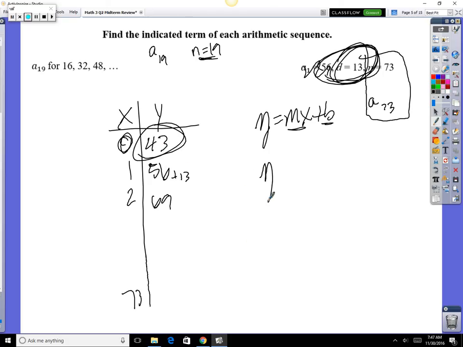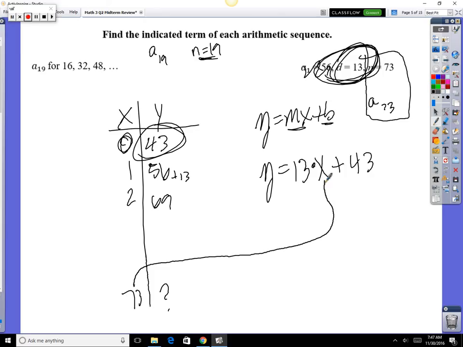So your formula to find all the x's and y's you want is y equals 13 times whatever the x is, and then plus b, plus 43. Okay, that's your model. That will give you all the x's and y's, and they want you to find the y when the x is equal to 73.